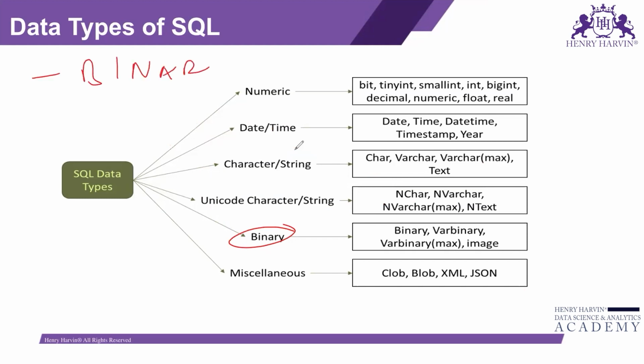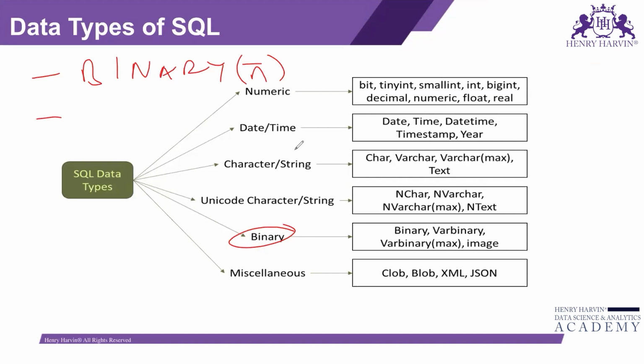The binary actually gives us a fixed length binary string with a specified length, n. So we can specify the binary with n in that manner. So that's the binary character.